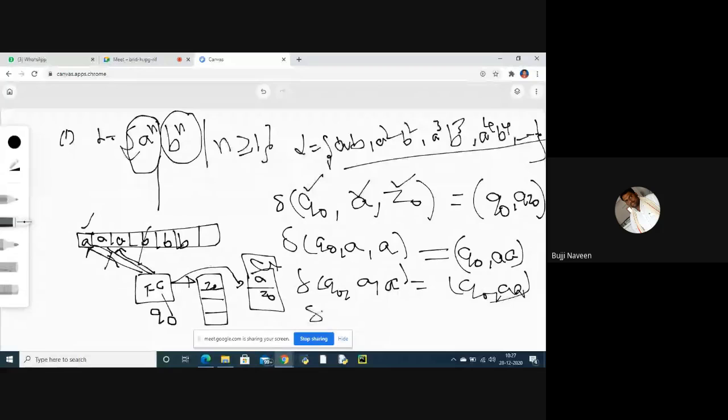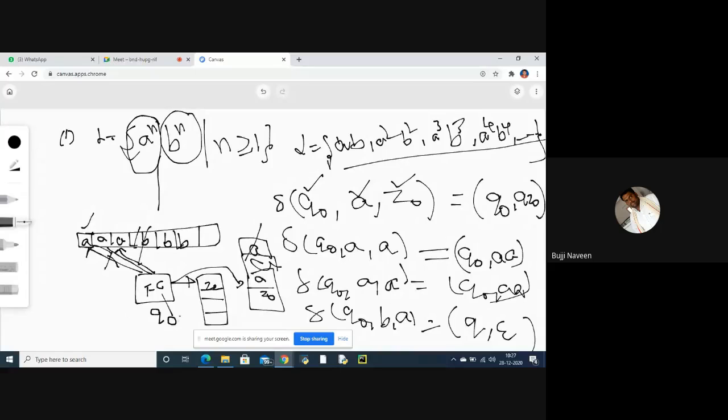So delta of q0, comma b, comma a is equal to, if the input tape contains the alphabet as b, then we need to pop the symbol from the stack. So it is q1, comma epsilon. Here we have 3 A's. Now for single B we eliminate single A here.